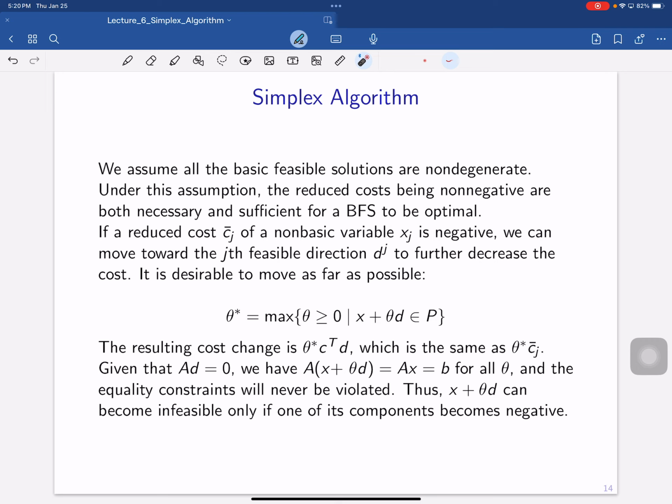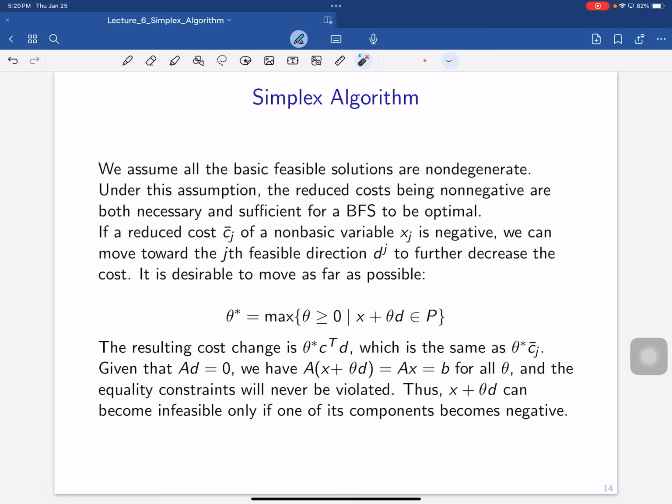Then if that is the case, we can move along the j-th feasible direction, d_j, to further decrease the cost, right? Remember the reduced cost is the change in the objective function when you move along the j-th basic direction. So if the reduced cost is negative, as long as you move along the j-th direction, you will get a decrease in your objective. That's the idea of the simplex method.